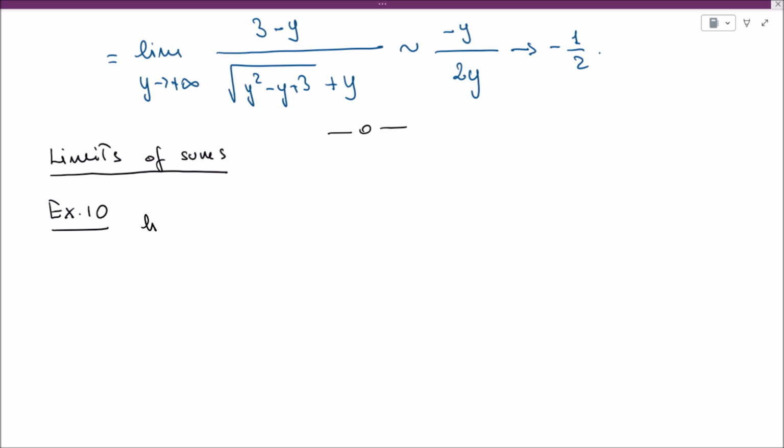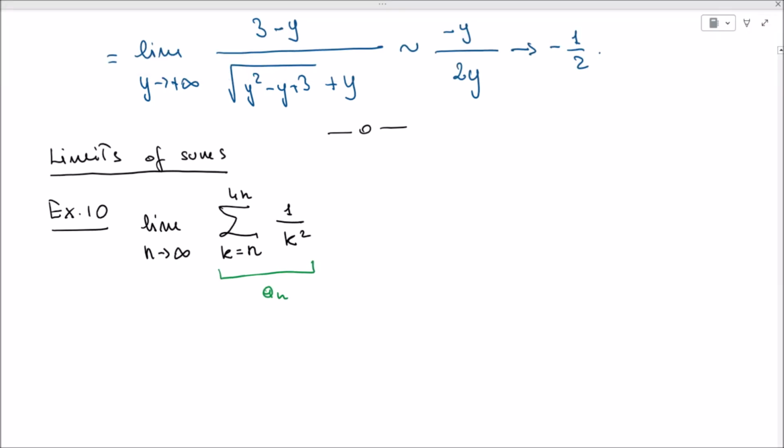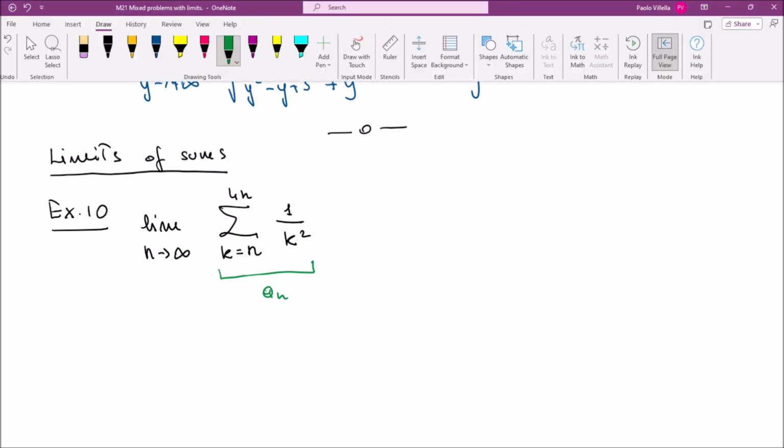Let's consider the limit as n goes to infinity of this specific sequence, a sequence which is expressed in terms of a sum of 1 over k squared for k that goes from n to 4 times n. So this is just one way of expressing a sequence an. A sequence an can be expressed just as the sum of a number of terms of the type 1 over k squared. Let's write down some of these terms.